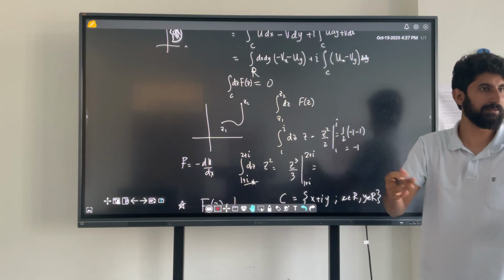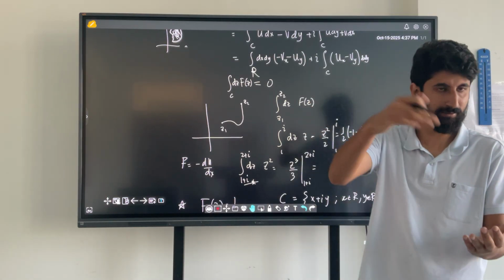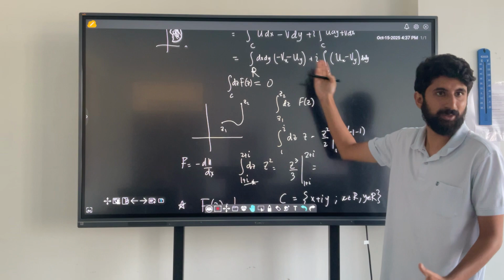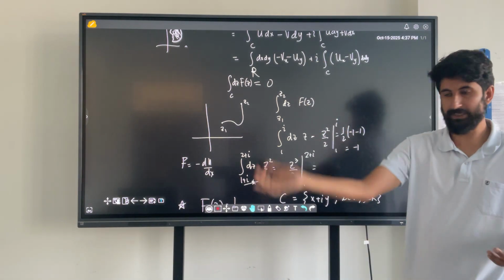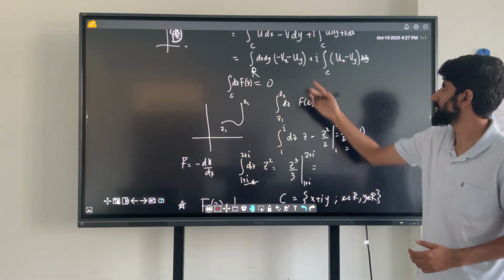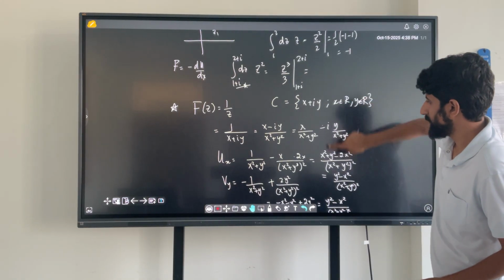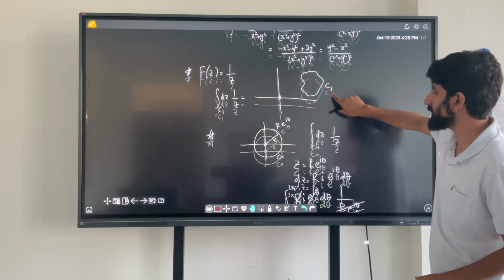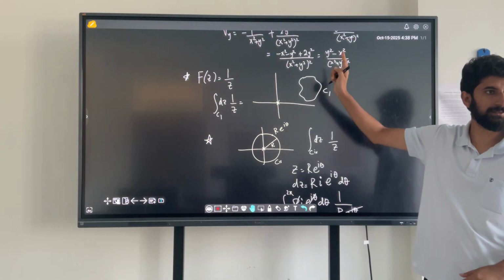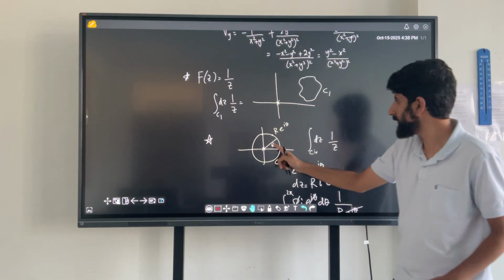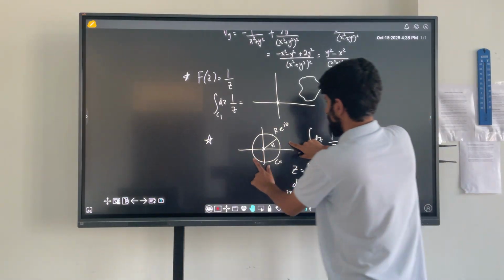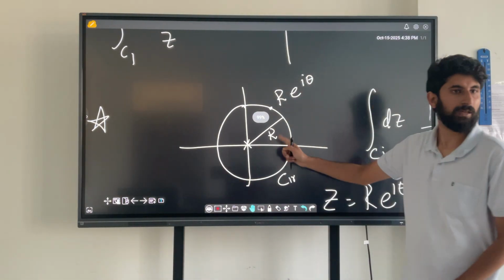If you take the Cauchy-Riemann equations and take everything on one side, this is minus Vx, Uy. But these were 0 for analytic functions. Here, they will be 0 everywhere except at one point.